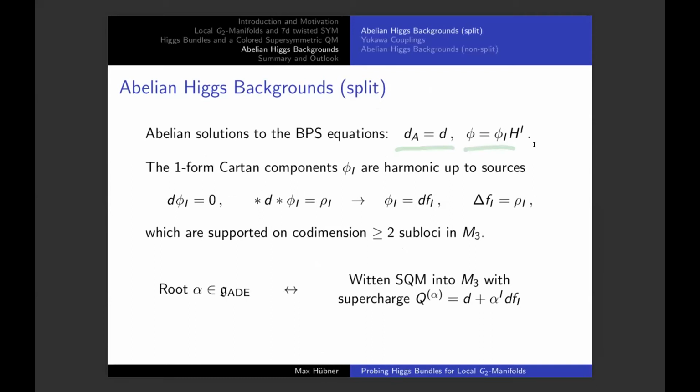So the BPS equations then require that these Cartan components are harmonic, closed and co-closed, up to some source terms that we introduce to make the setup more interesting. And on simply connected manifolds, the Higgs field, so these Cartan components, thus derive from a potential which solves Poisson's equation. We have some restriction on the codimension of the charge loci.